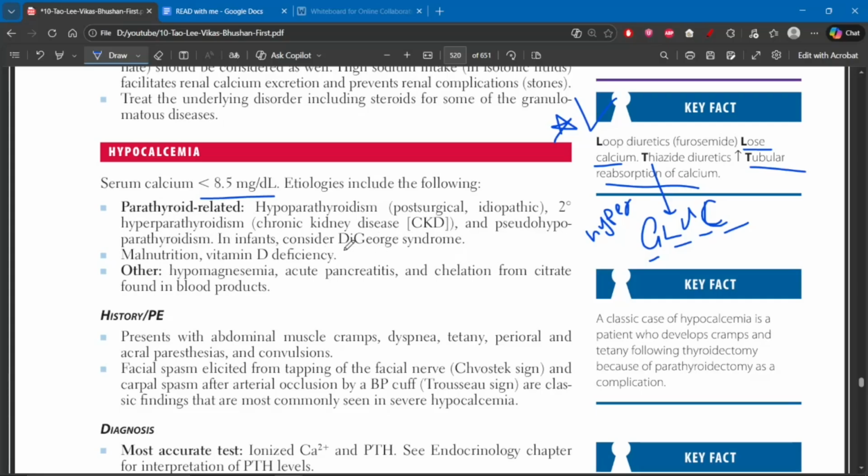In infants, consider DiGeorge syndrome, malnutrition, vitamin D deficiency, and others include hypomagnesemia and acute pancreatitis, chelation from citrate found in blood products. Now, I will discuss these etiologies one by one, as I did in hypercalcemia as well, because you need to understand the underlying mechanism of how each of these causes hypocalcemia.